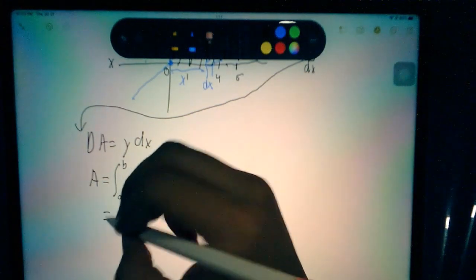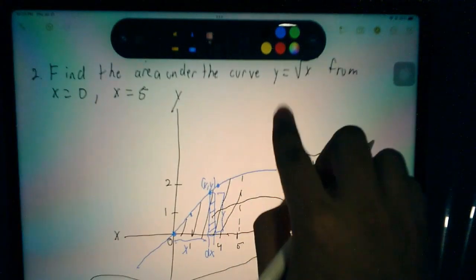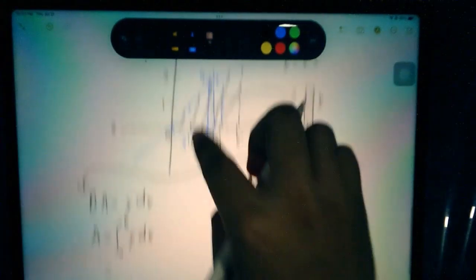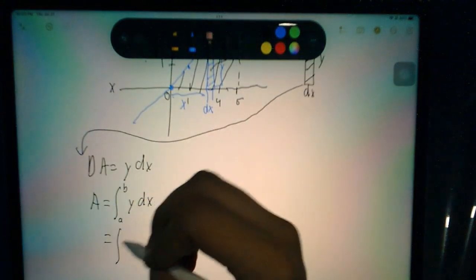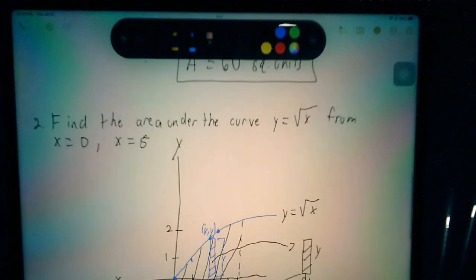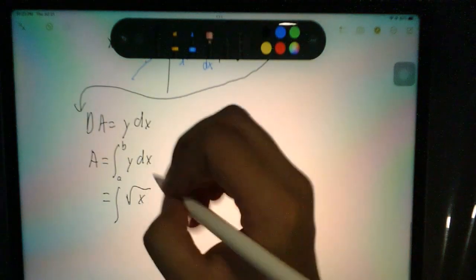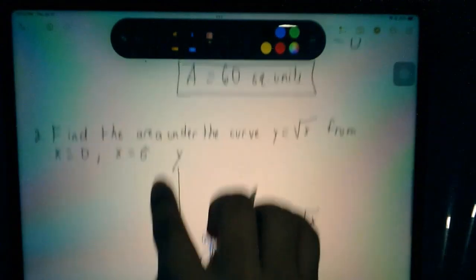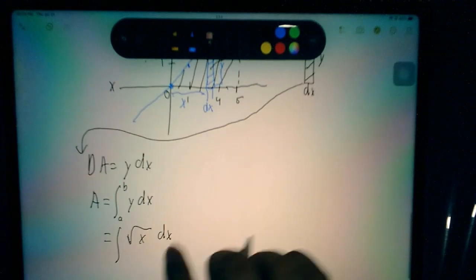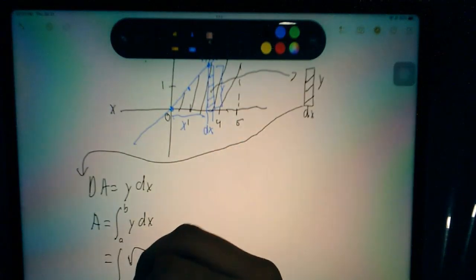So by substituting y, our y here is square root of x. So the integral of square root of x dx from limits 0 to 5 with respect to dx.